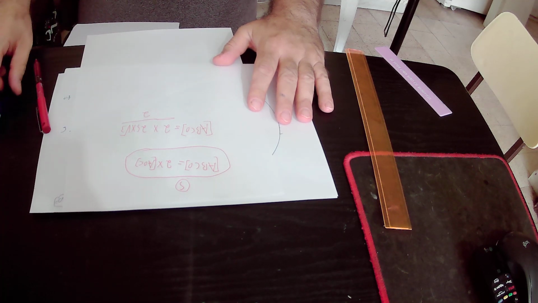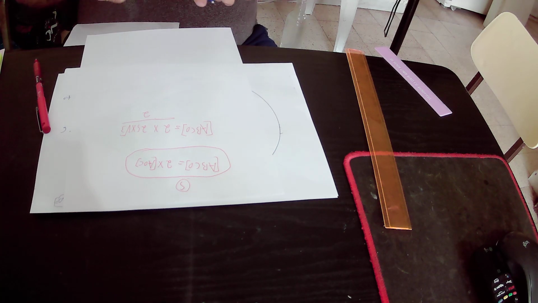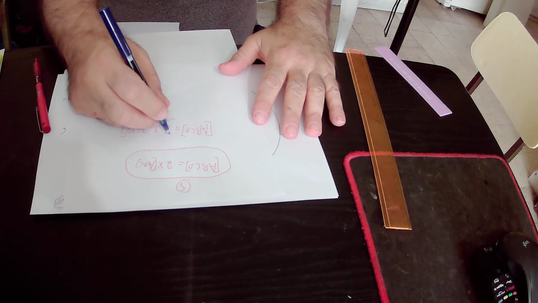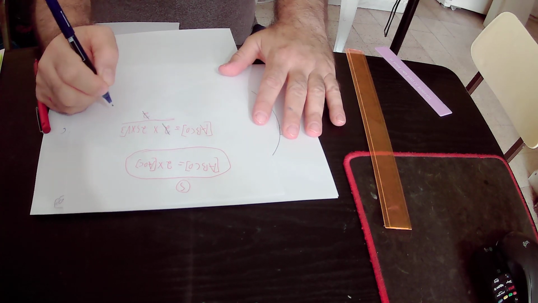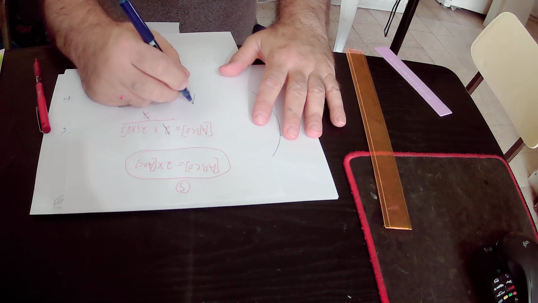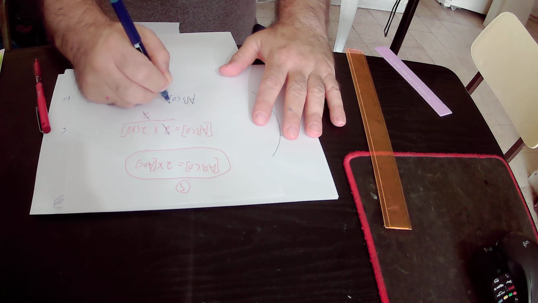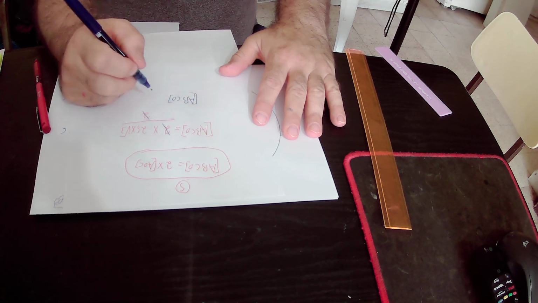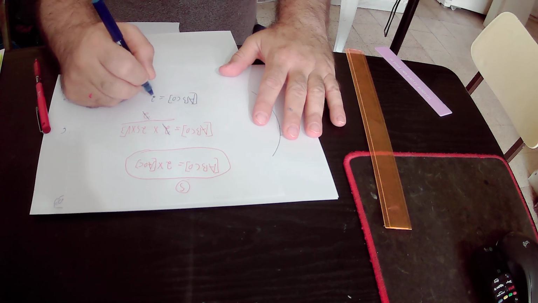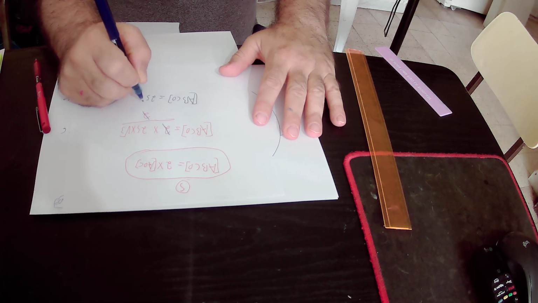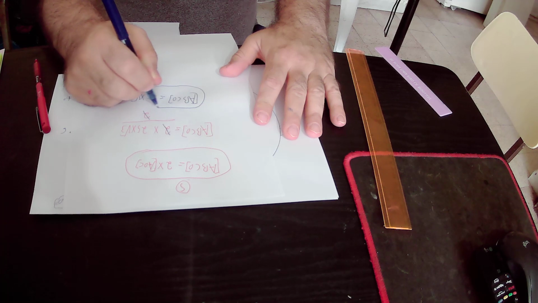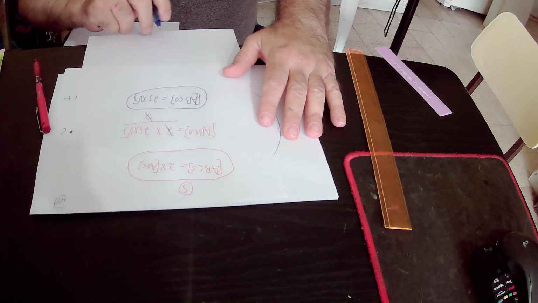Here 2 over 2 is 1, so the 2s get cancelled. So the area of quadrilateral ABCO equals 25 times root 3 square units.